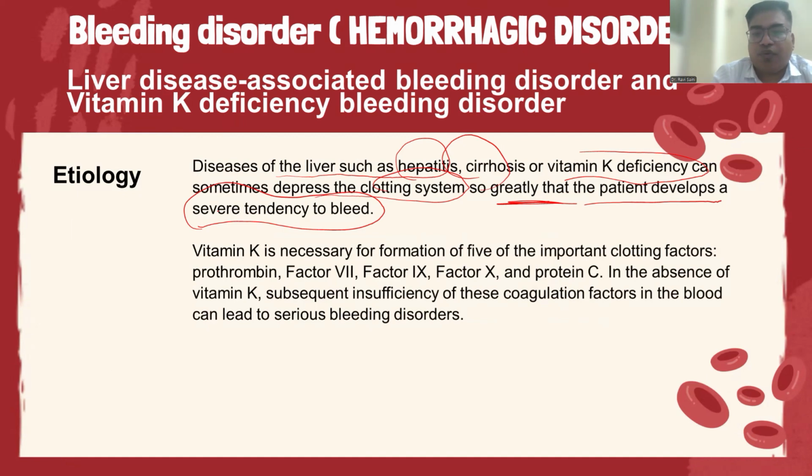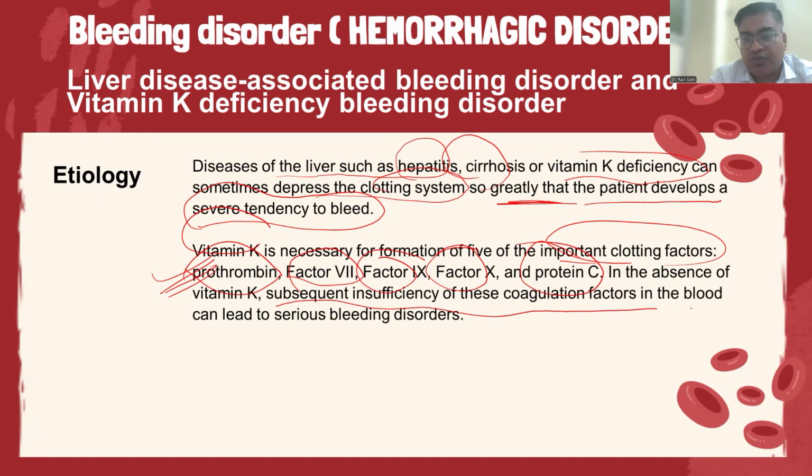Vitamin K is necessary for the formation of five important clotting factors: prothrombin, factor 7, factor 9, factor 10, and protein C. In the absence of vitamin K, insufficiency of these coagulation factors finally leads to serious bleeding disorders.